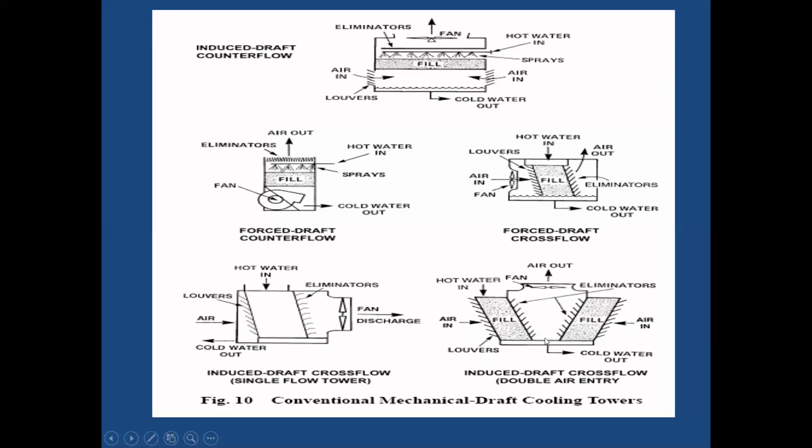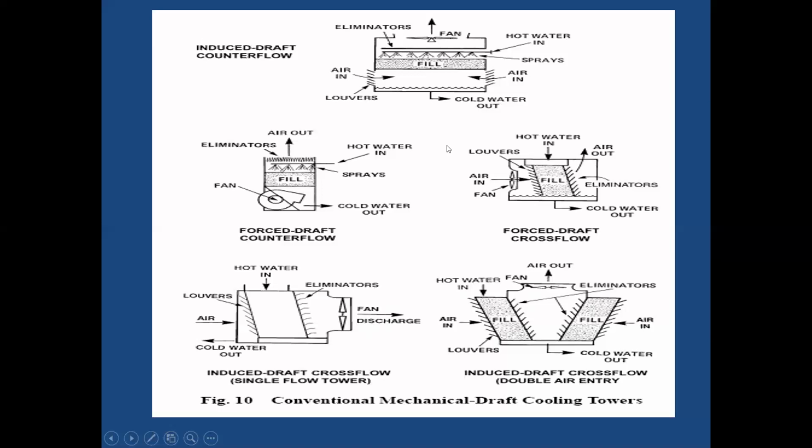Especially for medium or large capacity, such kinds of cooling towers are used. So air is taken from both sides in the cross flow manner, and water flows down through the fill. So these are some configurations of mechanical draft cooling tower.